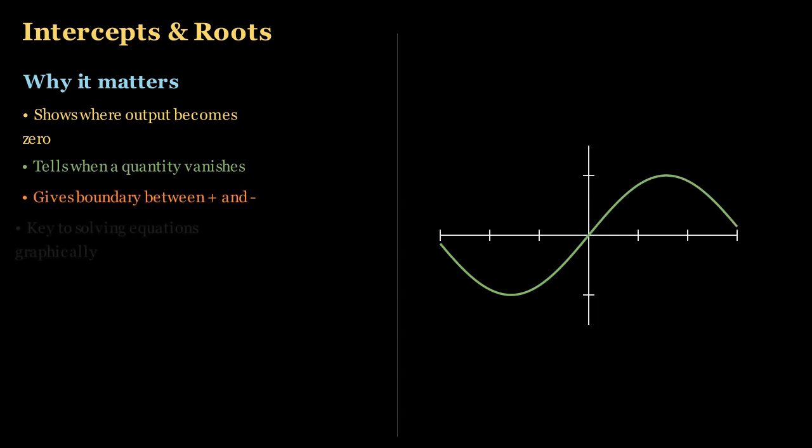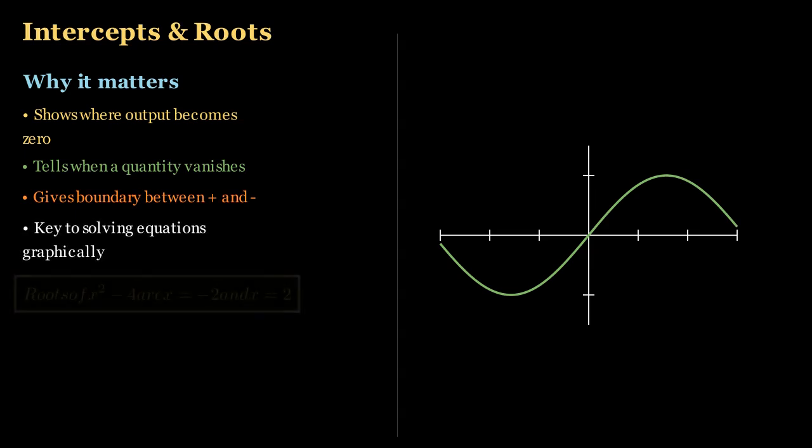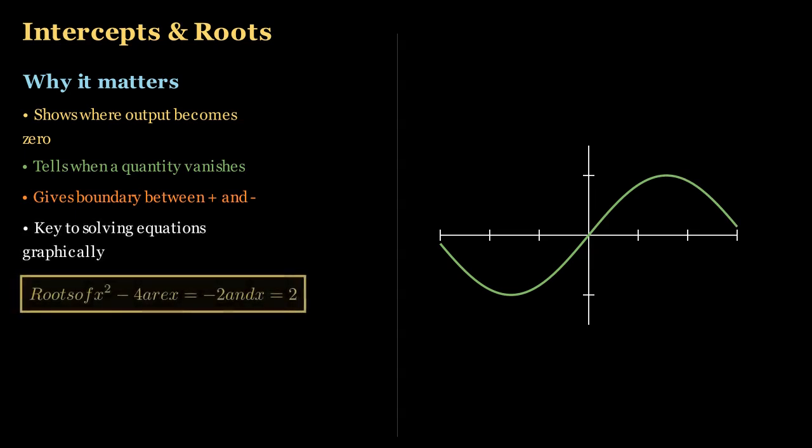Intercepts also split the graph into positive and negative regions, which is crucial for understanding inequalities. In calculus, finding roots is the first step to solving equations like where is the slope 0, or where does this curve change sign. So intercepts and roots are not just dots on paper, they are the answers to when does something become nothing.